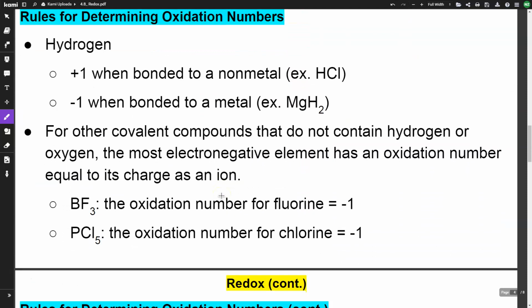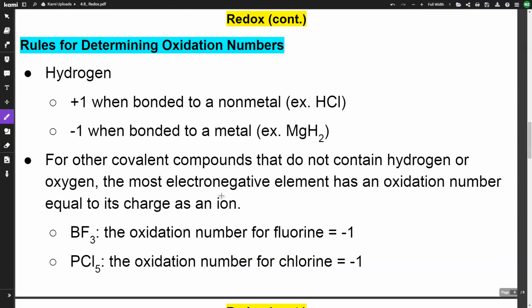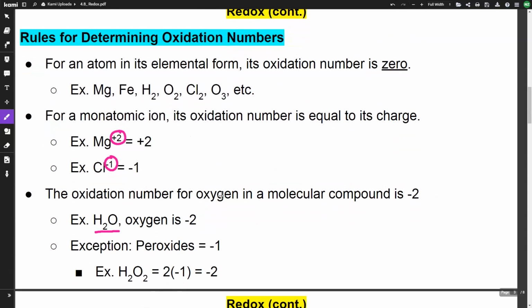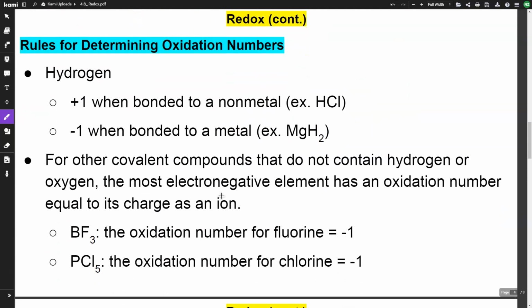All right. Now, there are some rules that we follow to determine oxidation numbers. Again, these are kind of like the standard set of rules right here, but sometimes you run into situations where there isn't a rule for it. So how do you determine the oxidation number? When you have hydrogen, hydrogen is +1 when it's bonded to a nonmetal.